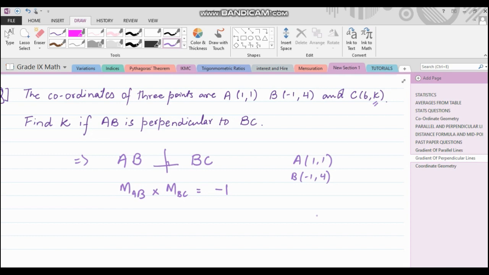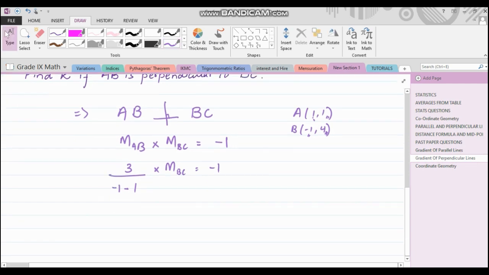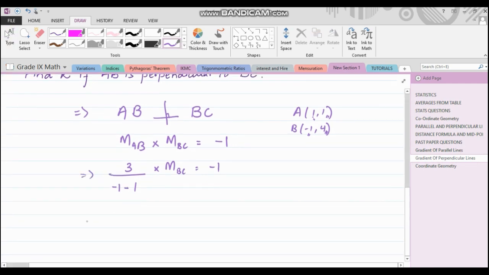So y2 minus y1, that is 4 minus 1, would give me 3, and similarly x2 minus x1 would give me -1 minus 1, that is -2, and this is being multiplied by MBC is equivalent to -1. Alright, solving this I get 3 by -2 multiplied by MBC is equal to -1.